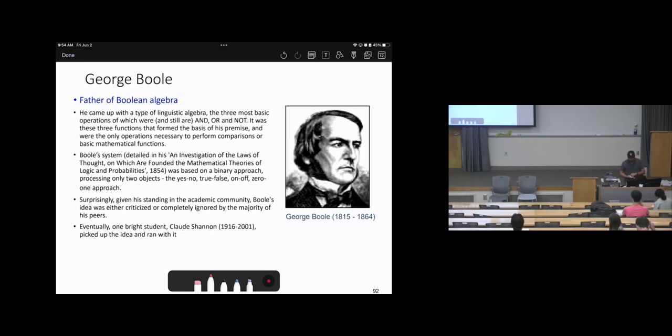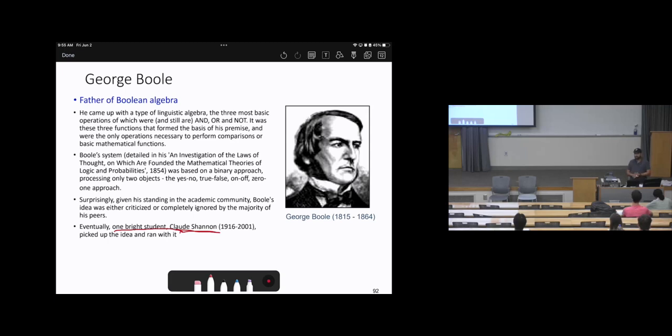Later, this system was used a lot in academia, especially by one of the students, I'm not sure exactly who, in the 20th century, called Claude Shannon. He used the theory that was developed by George Boole in real life, in the real symbols that we see now.